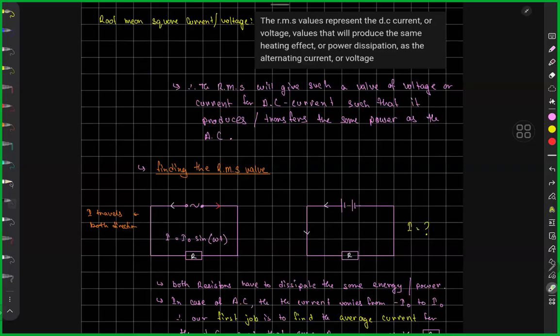My concept with you guys is, as the current varies with respect to time, it is constantly doing some amount of work. What is power, my friend? Work done per unit time.